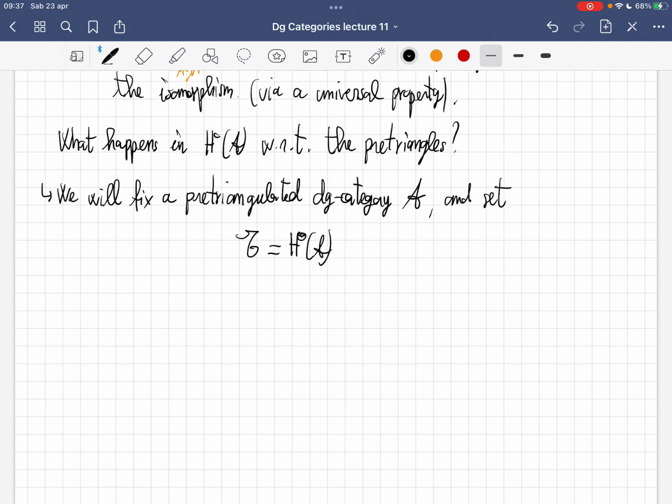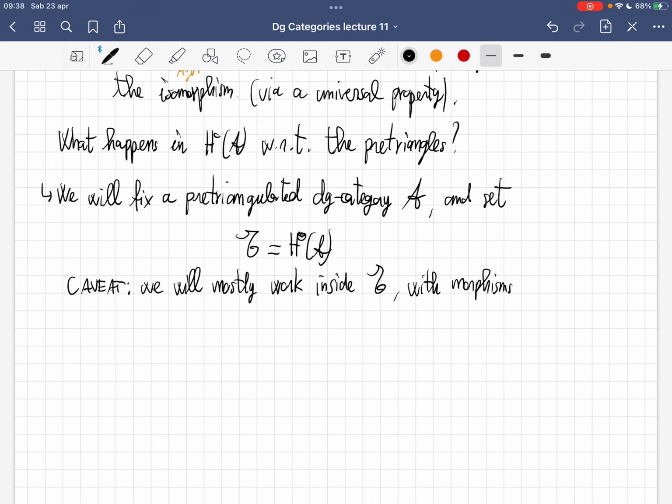Okay, and just a caveat, we will mostly work inside T. So, for example, with morphisms f from A to B in T. Be careful that f as a morphism in T is actually a cohomology class, but sometimes we will drop the reference, and some other times we will need a reference to some representative of the cohomology class.